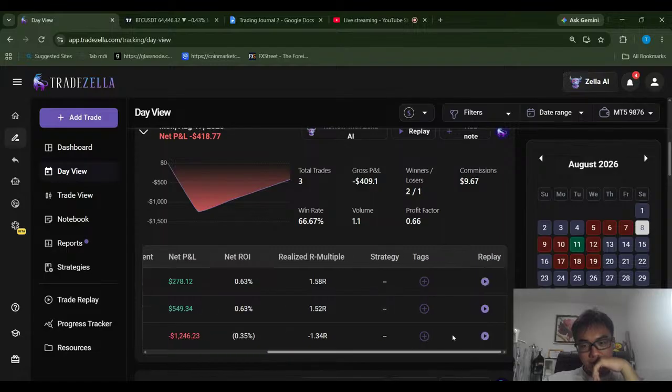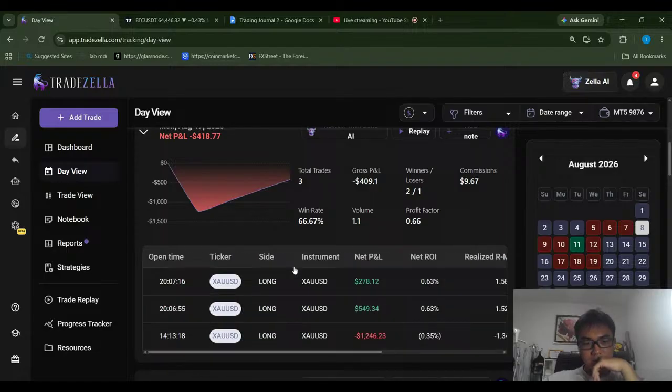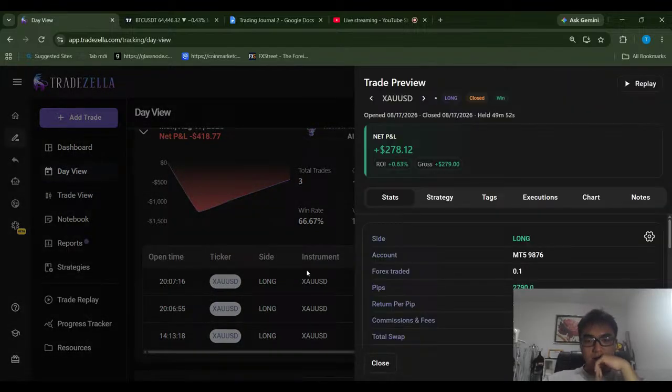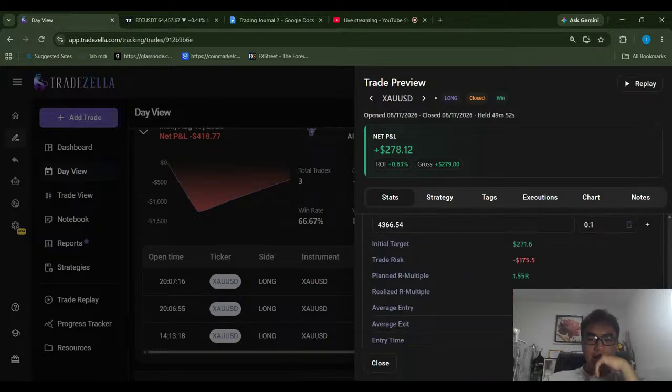How can I add those trades to go together?